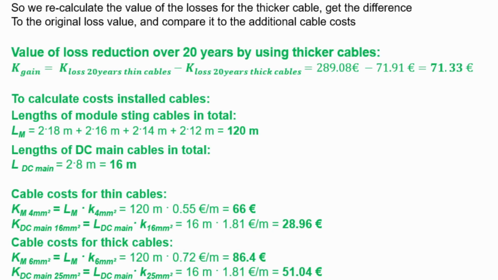Then we calculate the cable costs. So for the original cables, it was 68 euros for the module wiring, and for the DC main wiring it was 28.96 euros. Now we calculate with the thicker cables, then we have higher specific costs. The length stays the same. So for the wiring of the modules, we are at 86.4 euros, while for the DC mains cable we have a cost of 51.04 euro.